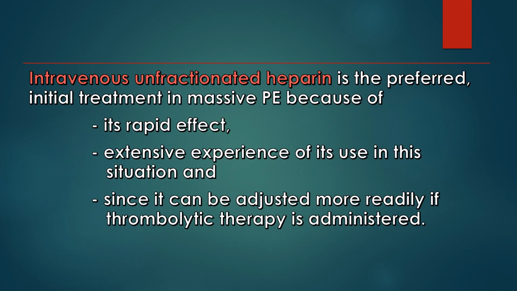Intravenous unfractionated heparin is the preferred initial treatment in massive pulmonary embolism because of its rapid effect, extensive experience of its use in this situation, and since it can be adjusted more readily if thrombolytic therapy is administered.